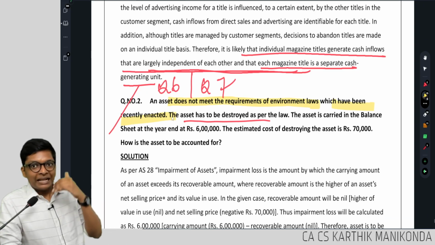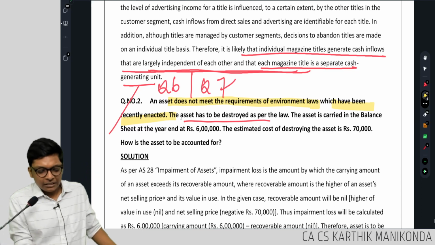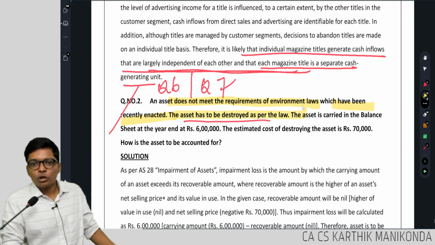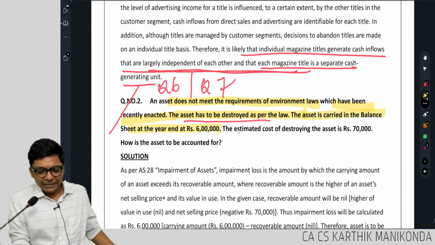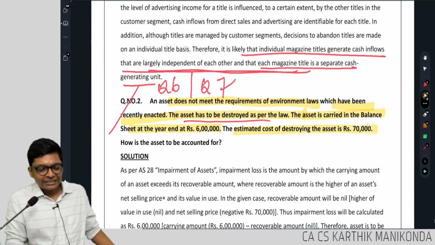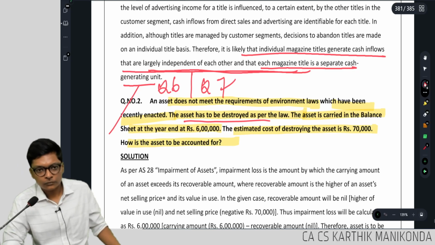Which impairment? External indicator. The asset has been destroyed as per law. Law said no, destroy it. The asset is carried in the balance sheet at the end of the year at 6 lakhs. Estimated cost of destroying the asset is 70,000. How is the asset to be accounted?